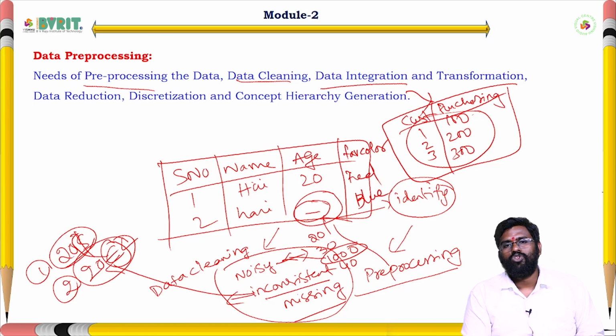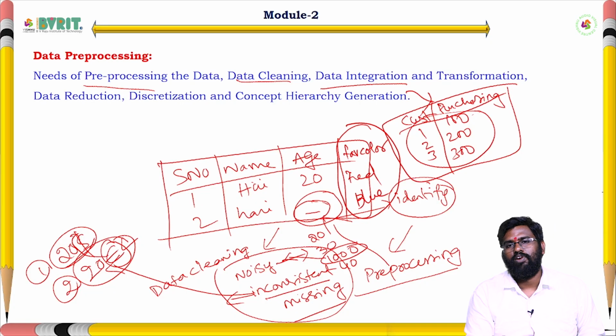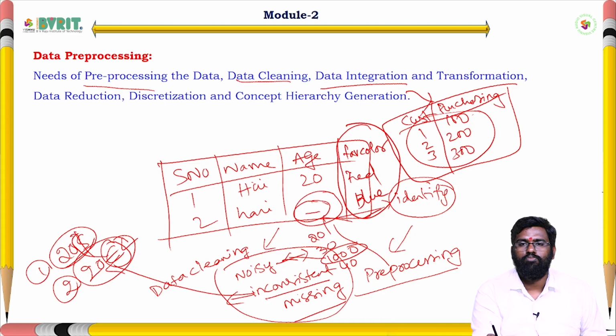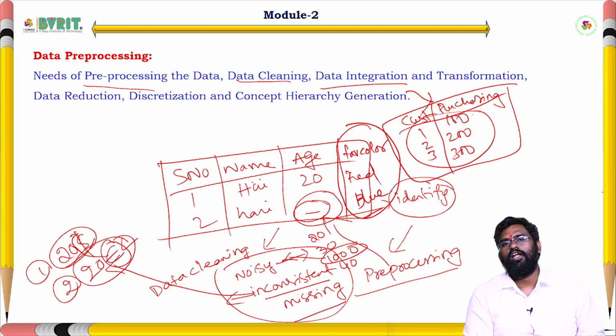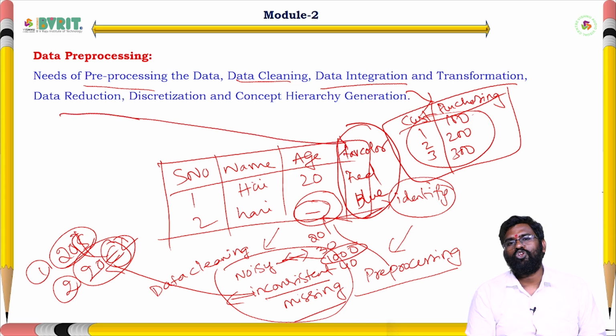Data reduction means if we remove an unnecessary attribute from the data warehouse and it does not affect the data warehouse, that is called data reduction. If you remove favorite color from this, there is no effect, because based on the age and the name, they can retrieve the data about the given persons. So unnecessary attributes will be removed from the structure.